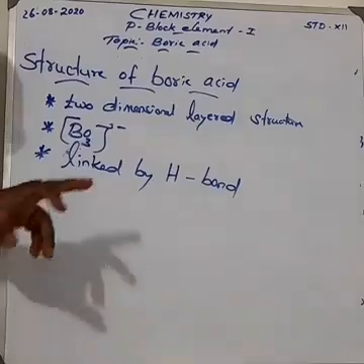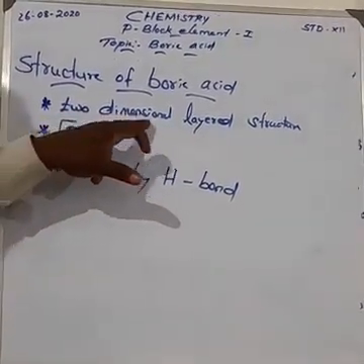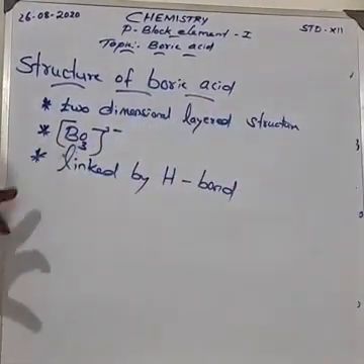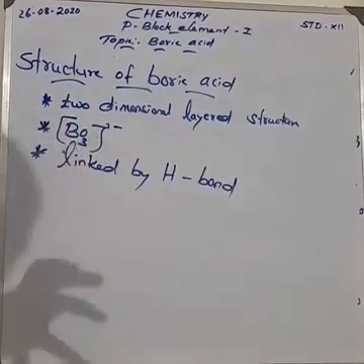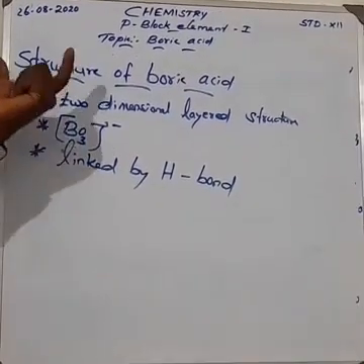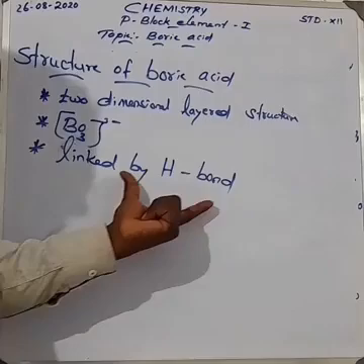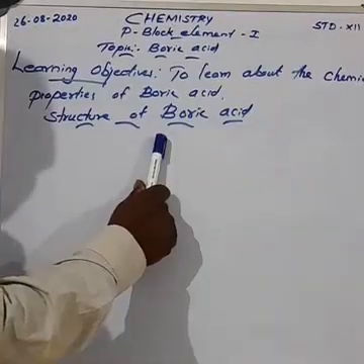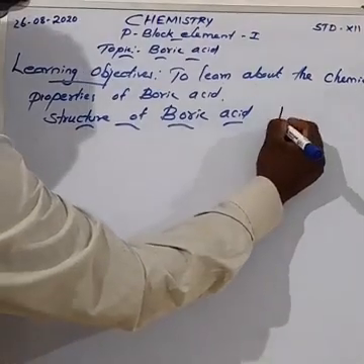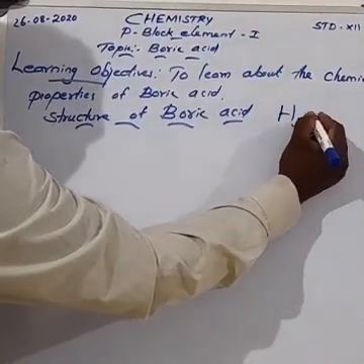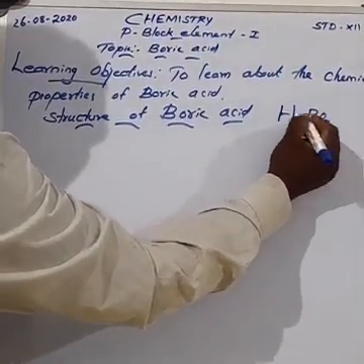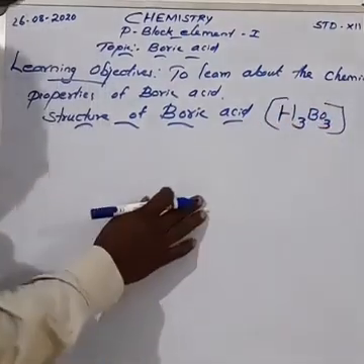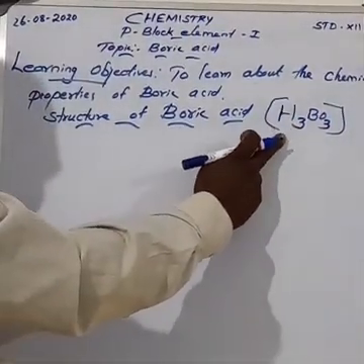Structure of boric acid: two-dimensional layered structure, BO3 3 minus ions unit, and these ions are linked by hydrogen bond. The formula for boric acid is H3BO3. What's the formula for boric acid? H3BO3.